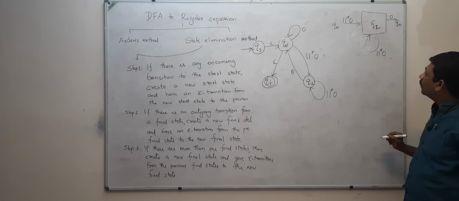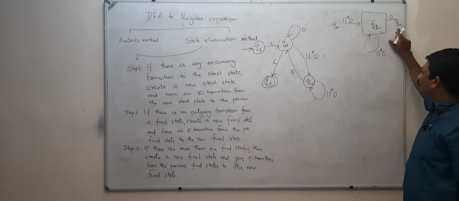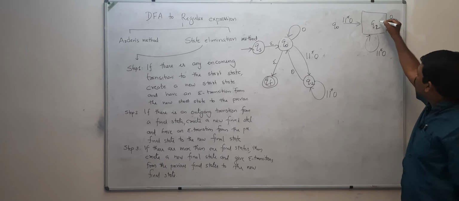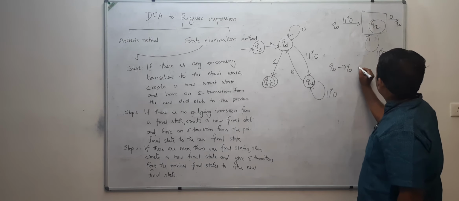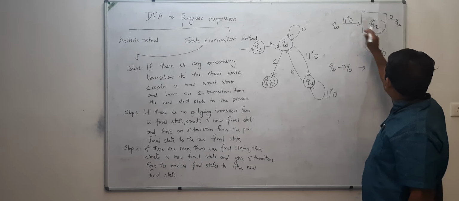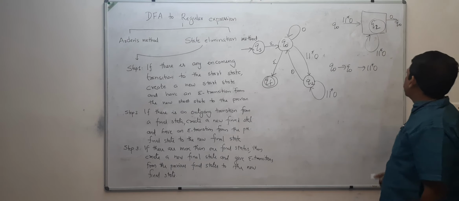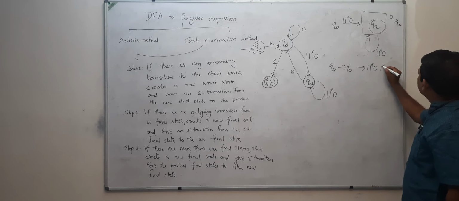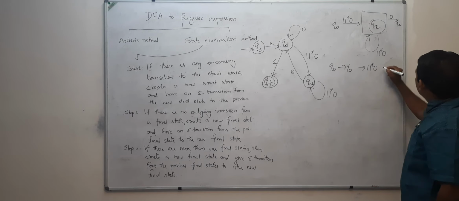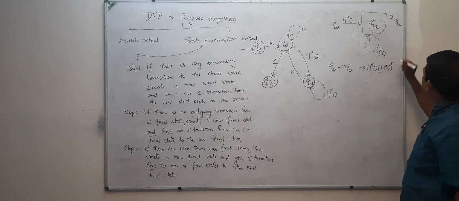Okay. Now, if you are eliminating this Q2, there should be a path from Q0 to Q0 going through Q2. From Q0 to Q0, for 1 star 0 it reaches here, then for another 1 star 0 it is staying here, and for the next 0 it will exit.